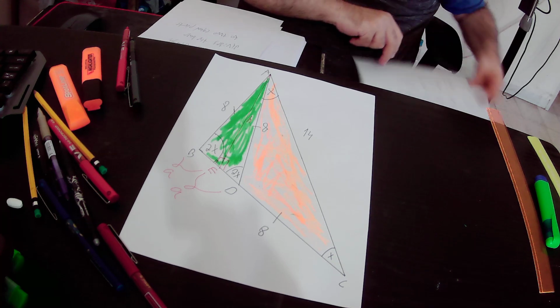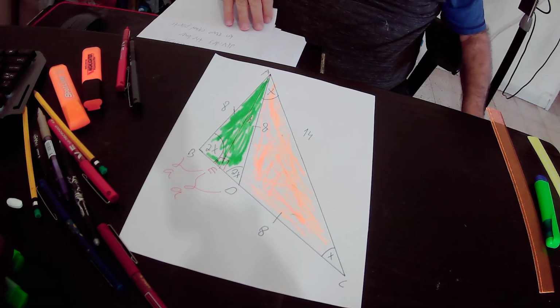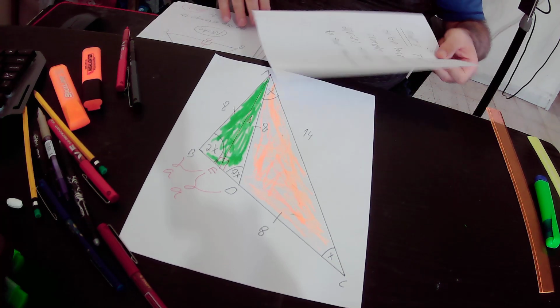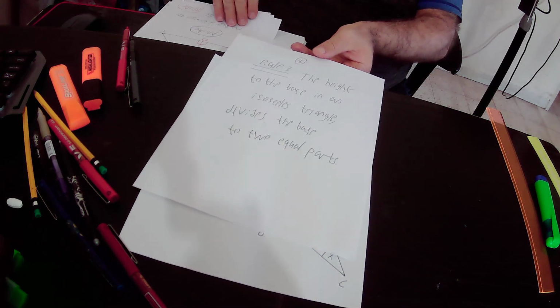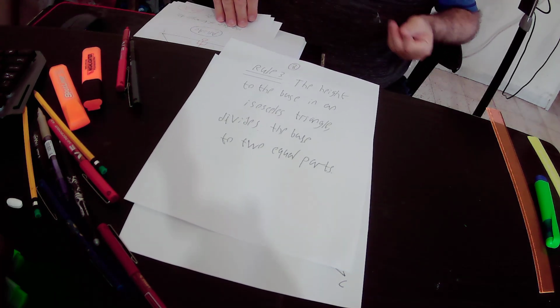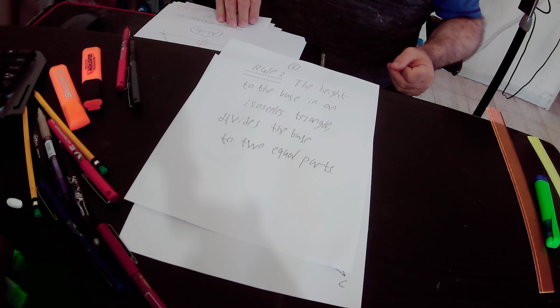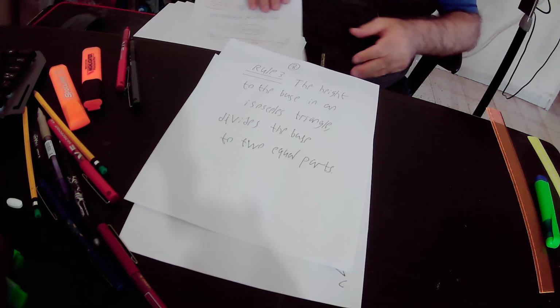Okay, and we have rule number 3 that states that the height to the base in an isosceles triangle divides the base into two equal parts.